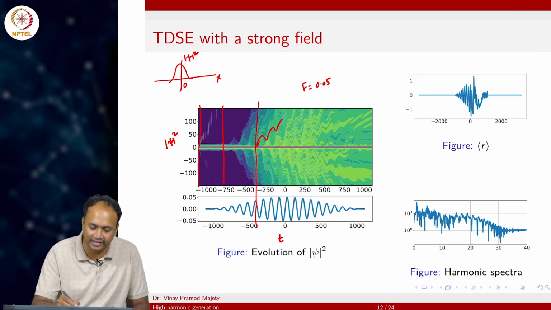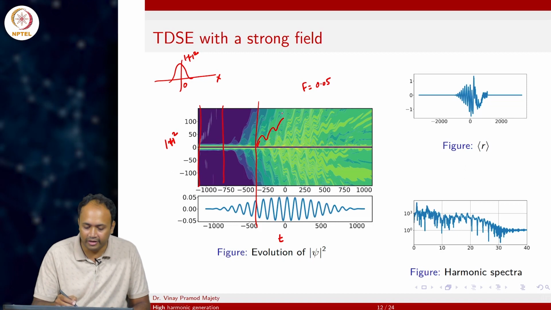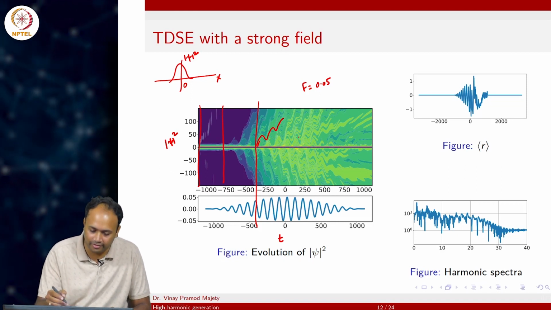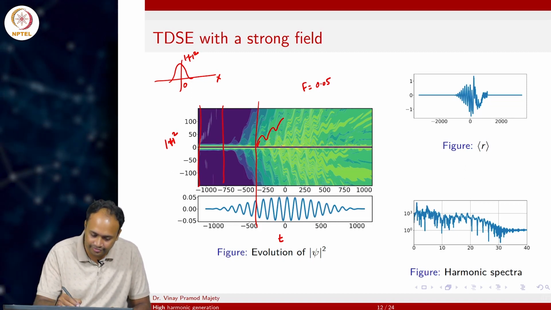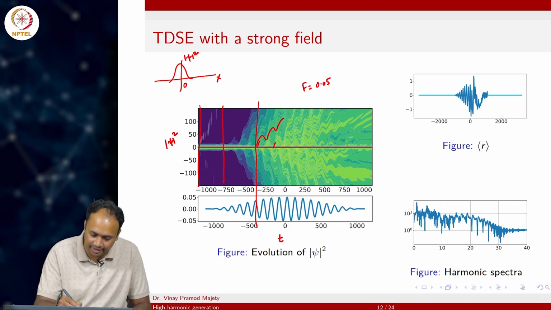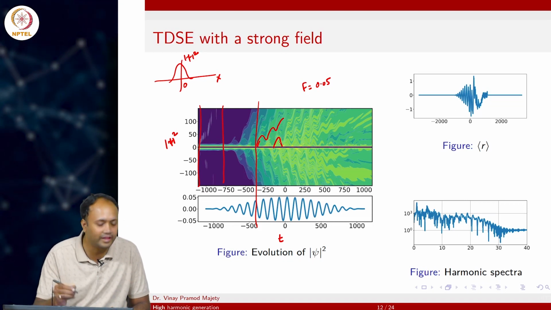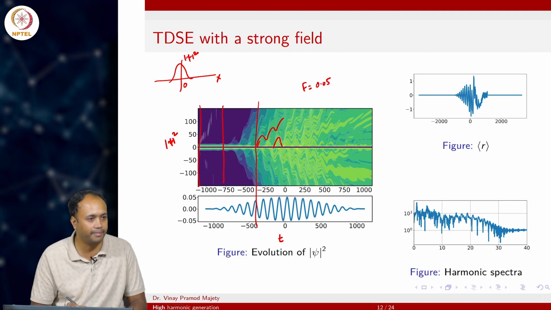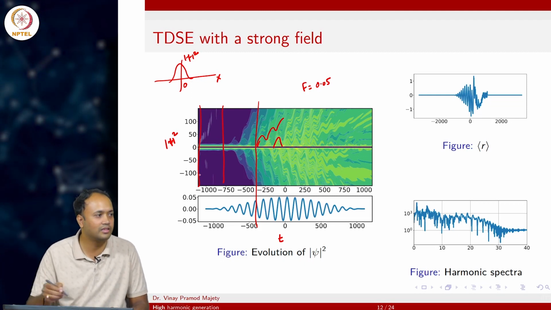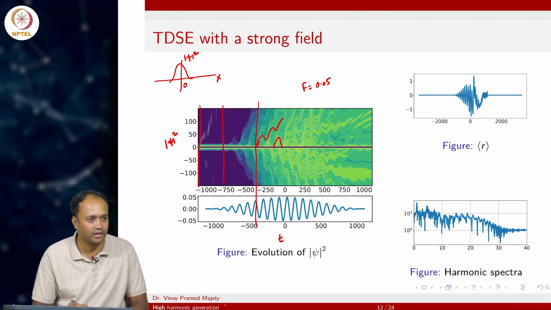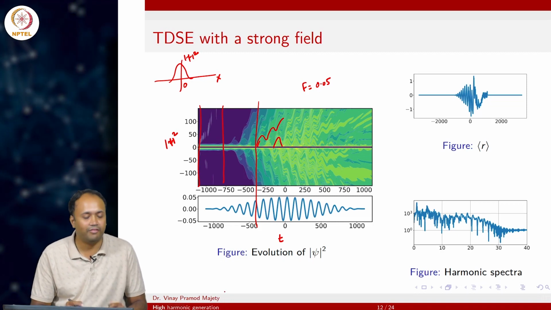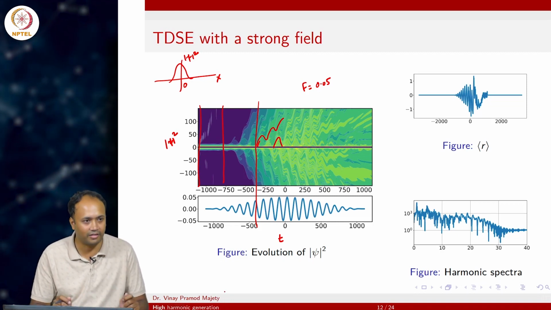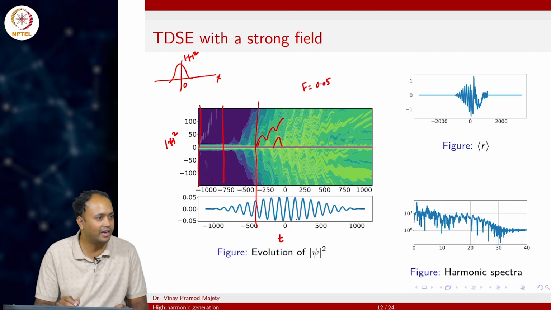There will also be a part of the wave packet, for example this yellow part, that gets emitted, starts flying away, and then comes back and recollides with the parent atom. That means it meets x equal to 0 again. So you see parts of this wave packet flying away at each peak of this electric field.